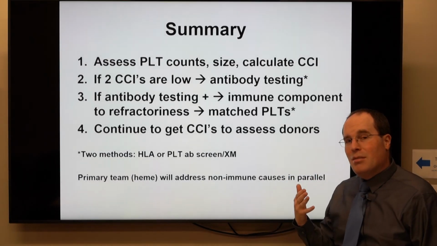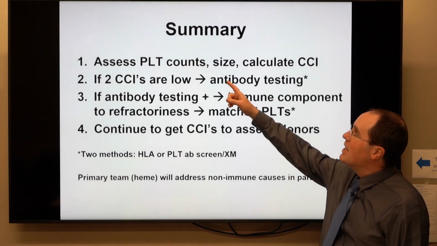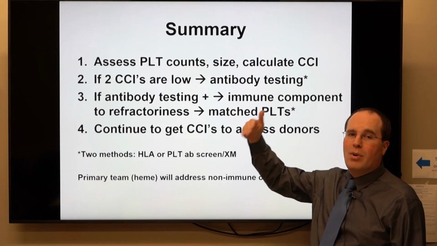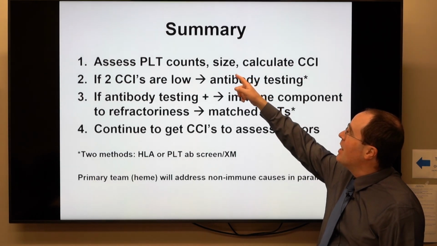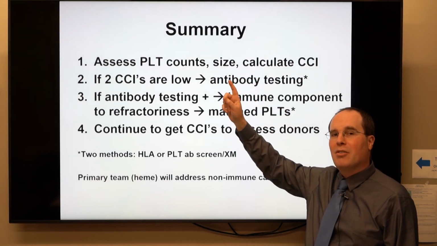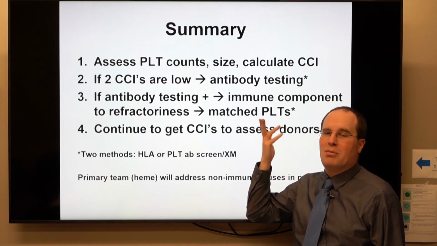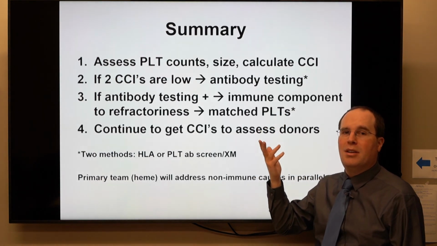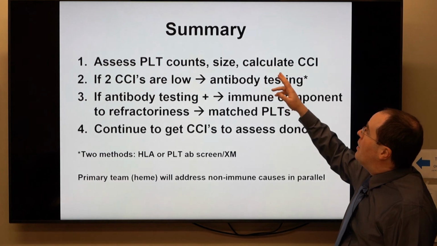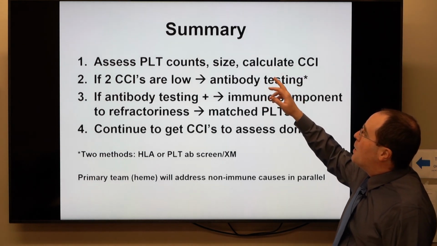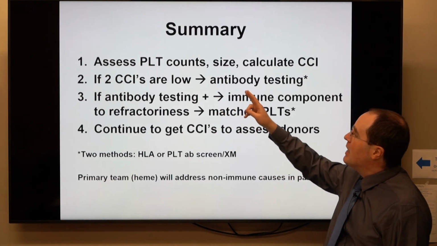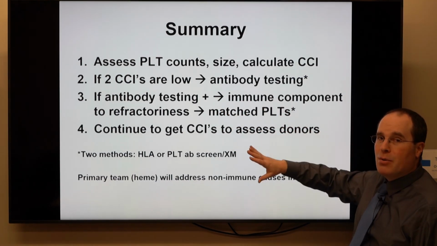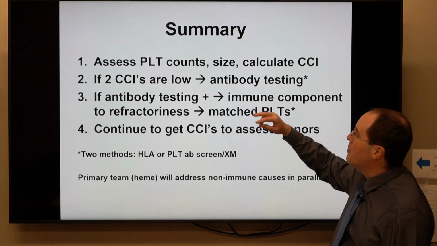So in summary, number one, the first step is assess platelet counts. We've got to have that 1 hour or less count post-transfusion. What is the patient size? If it's a big patient, like over 100 kilograms, give them 2 units of platelets, right? They're a bigger person, they need more of them. Calculate the CCIs. If 2 CCIs are low, meaning less than 5, as an unambiguous low CCI, then let's do antibody testing.